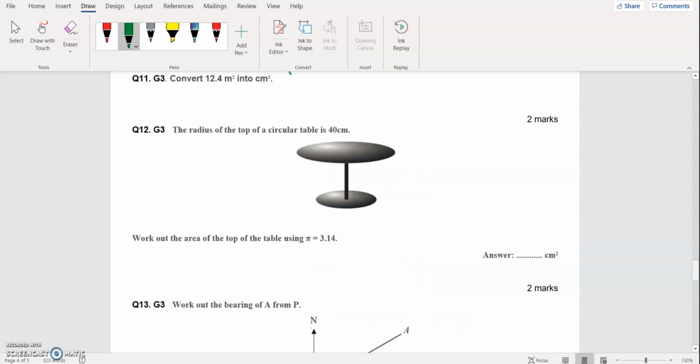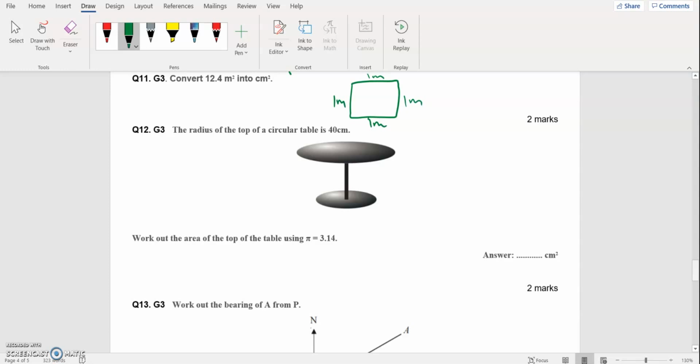We now have to convert 12.4 squared meters into squared centimeters. Now, one thing to remember here is that we're not converting meters to centimeters, but squared meters to squared centimeters, and we'll see what this means. So if we have a square, 1 meter, 1 meter, 1 meter, 1 meter. Okay.